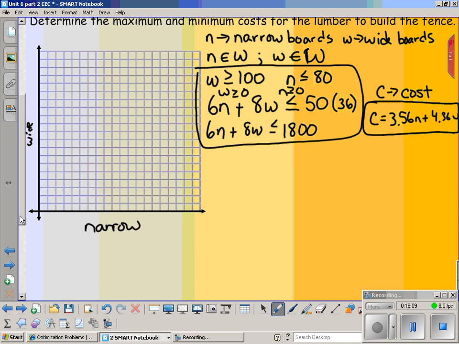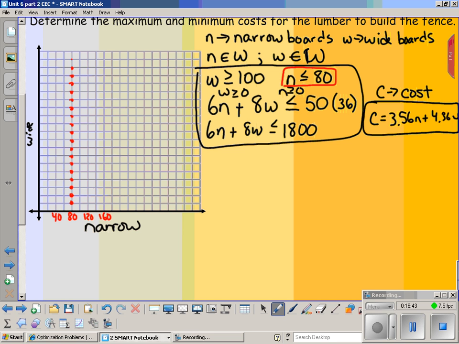So now, if we want to graph the number of narrow, so N has to be less than or equal to 80, I'm going to go up here by 20s each time. And so at 80, we have our stippled line at this point here.